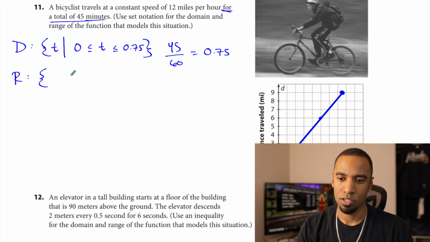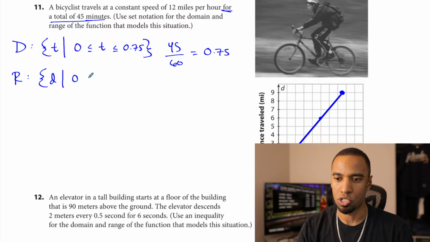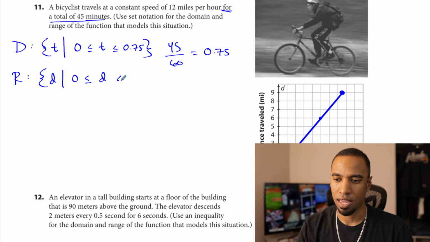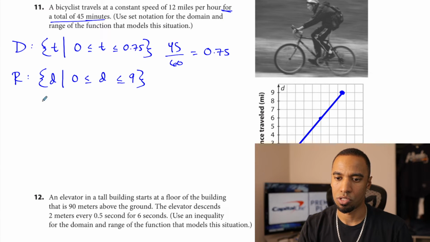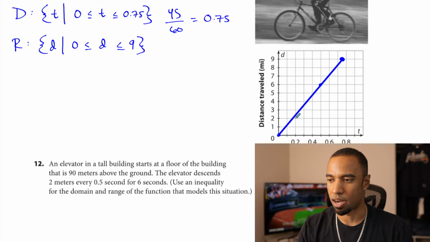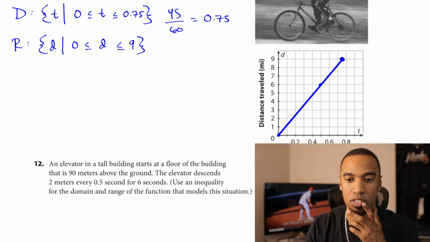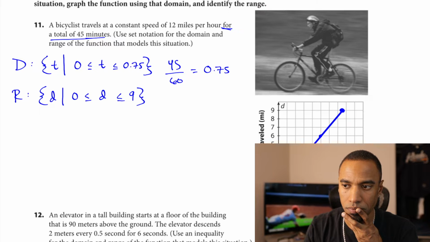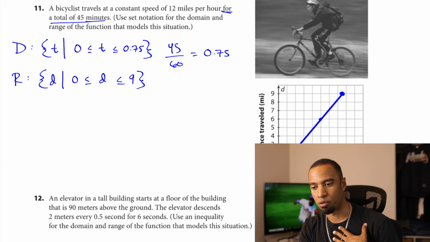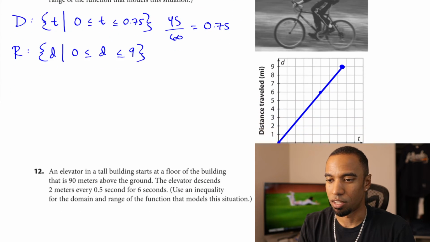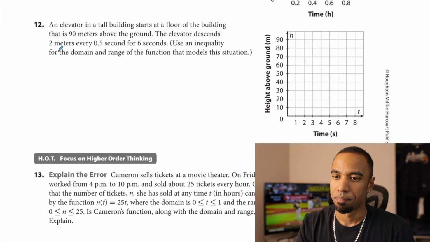And the range are all the d values such that d is between 0 miles and 9 miles right there. That was discovered after drawing it with the situation at hand. So there you go, set notation. I have to remember those things because I can forget. I'm a little rusty. All right, number 12.